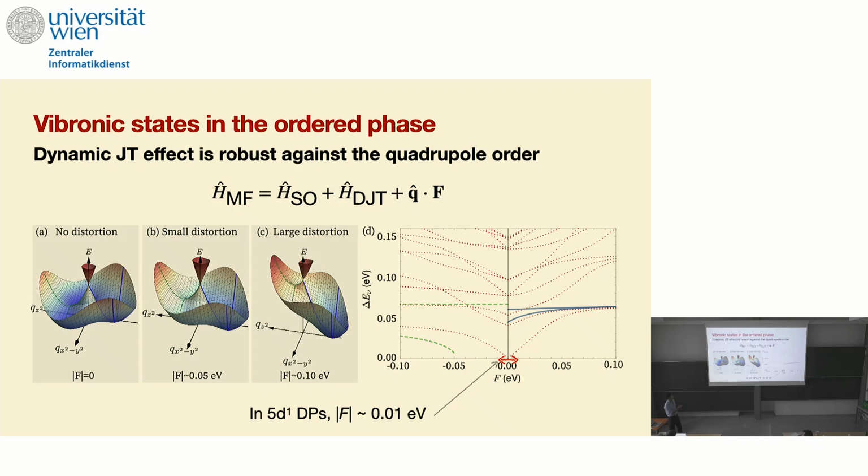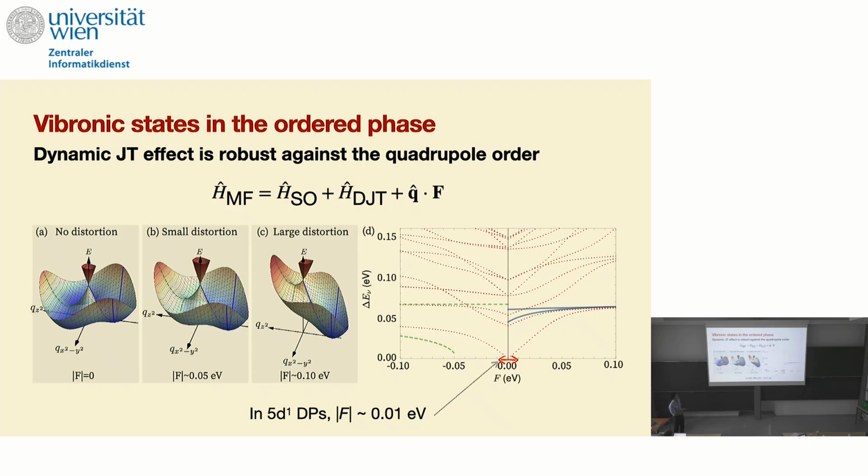To consider the effect, I imposed some effective field and then simulated the low energy spectra. Zero is the ground state, and this red dashed line shows the evolution of the low energy spectra. And with the external field, they split and change a lot.